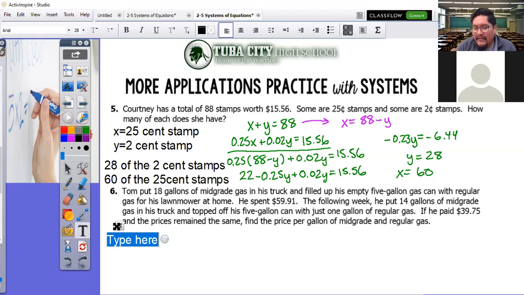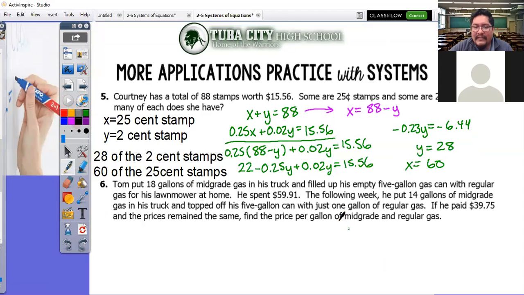In my brain, I started thinking, okay, one is for the truck and the other is for the lawnmower. It wasn't until I read the final line of the question, and this is why it's a good idea to read the question first, that it told me we're looking for two variables of different kinds of gas, different qualities of gas.